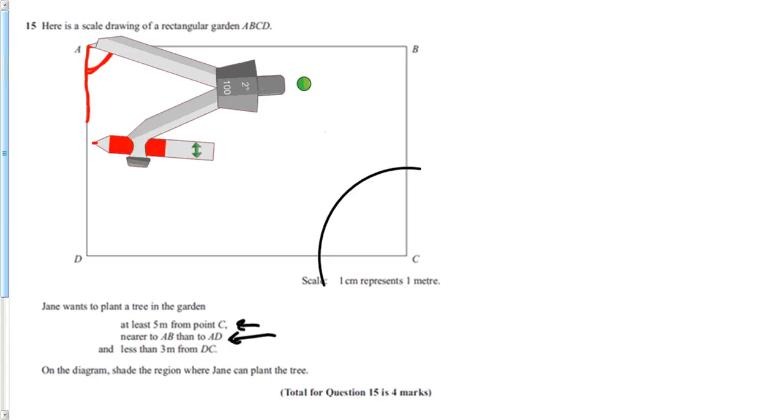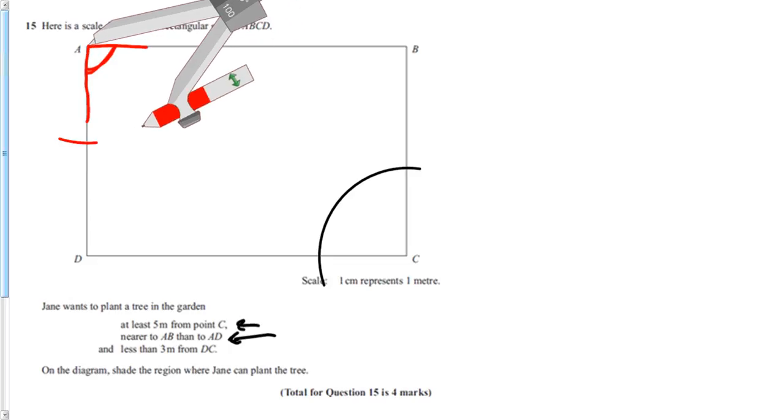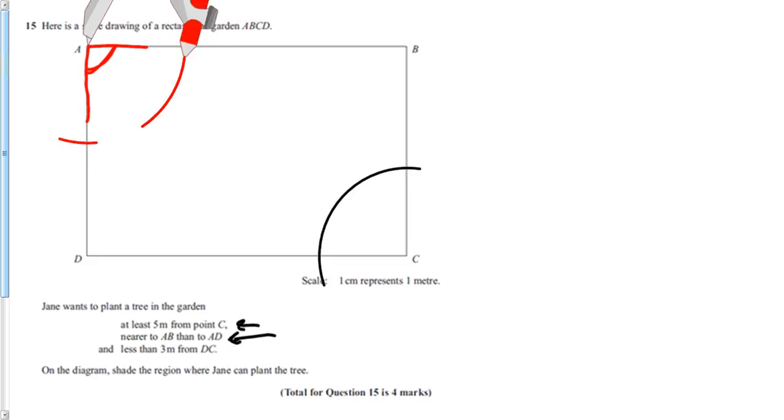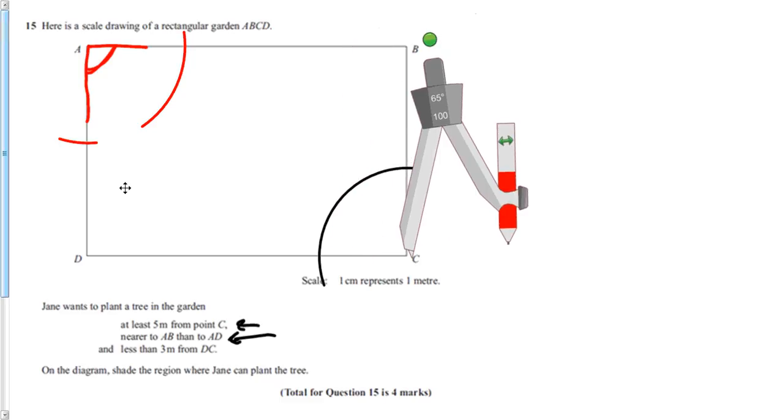But what we've got to do is do an arc on this line. I've got to do an arc on this line here. So once we've done that, we've got 2 arcs. We've got one here and we've got one here.